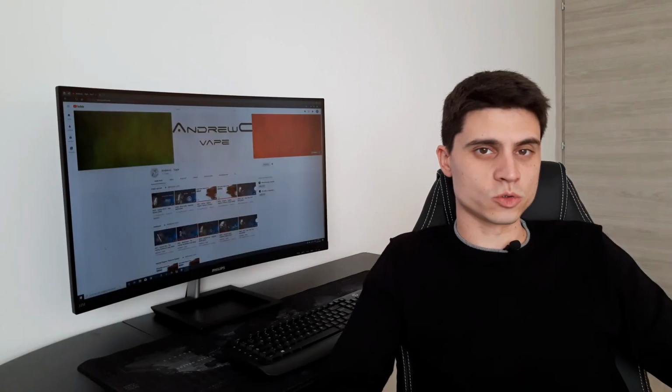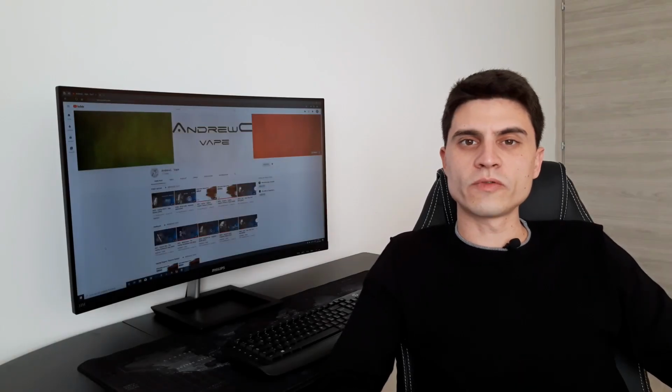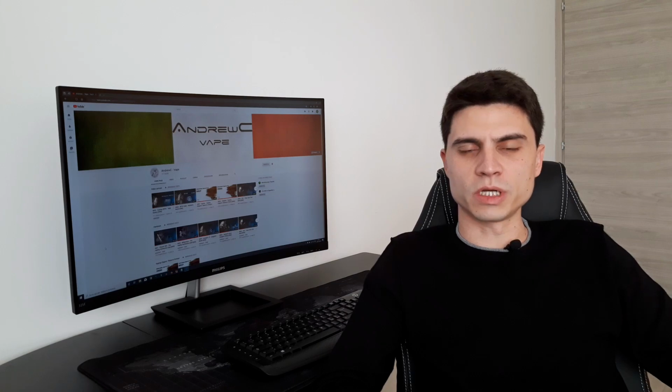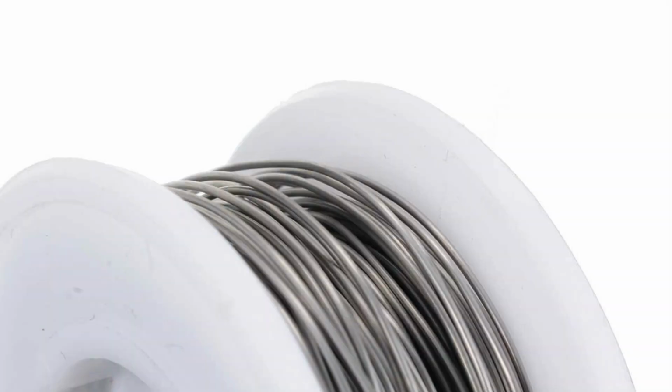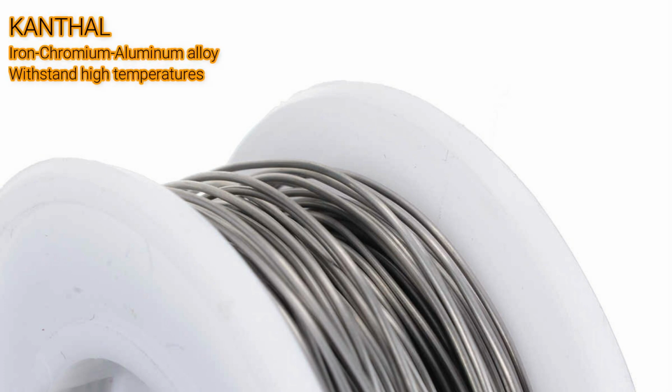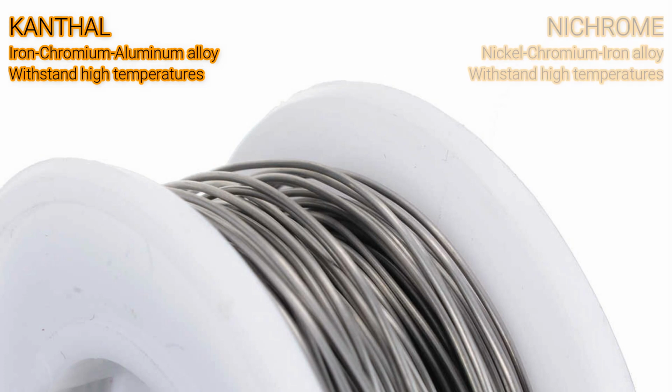As probably most of you know, the coils for vaping are made with specific materials. The most common materials are Kanthal. It is the trademark for a family of iron, chromium and aluminum alloys. This material is known for its ability to withstand high temperatures. Nichrome.